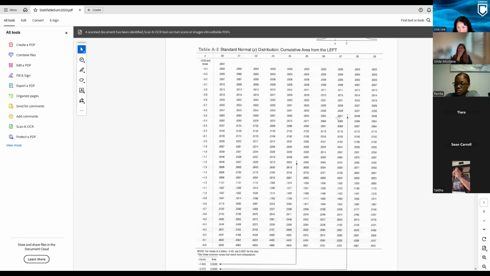They do have 0.0051. Then the next number is 0.0049. So the traditional way, we just take these 2 areas, 0.0051 plus 0.0049, add up together, divide by 2. That comes out to the 0.005 area for the left-hand side critical value area.